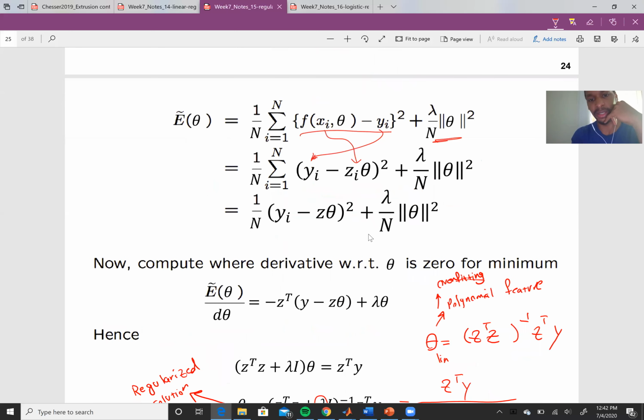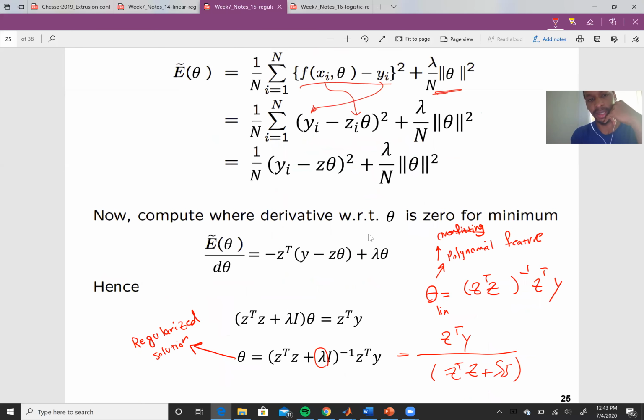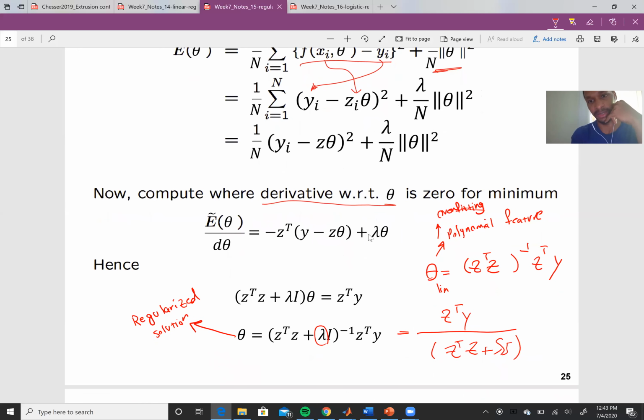And then we take the derivative of this error term and set that equal to 0. Remember this is theta transpose theta. And if we take the derivative with respect to theta, we'll get this form here.